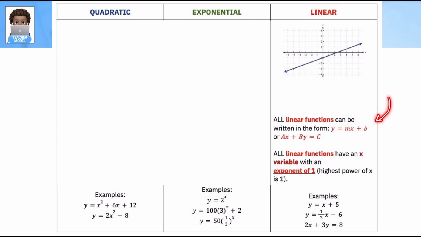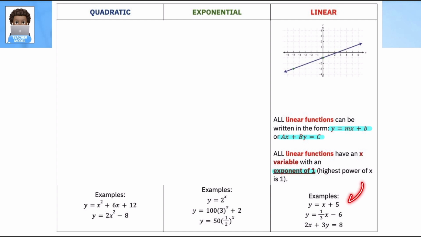The equations themselves can be written in 2 different forms that we're very used to at this point. They can be written in our slope-intercept form, or they can be written in our standard form. And that's when we simplify them, we can express them in either one. And the one thing we can look for is that the variable has an exponent of 1, meaning it is to the first degree.